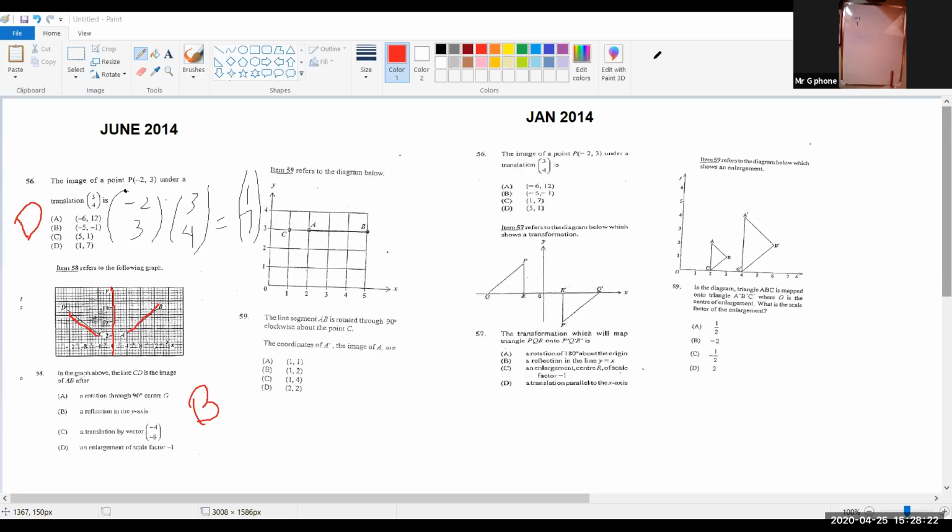Anybody want to explain why I got B and how I got B? Johnson, how did you get B? Well, I don't know how, you kind of have to mentally rotate it 90 degrees. Yeah, that's what I'm trying to figure out how to explain to you all. But go ahead and explain how you mentally do it. Maybe you might be able to explain it better than me.